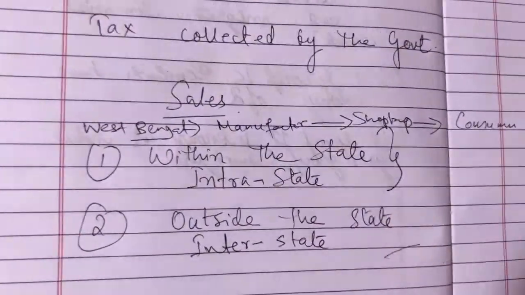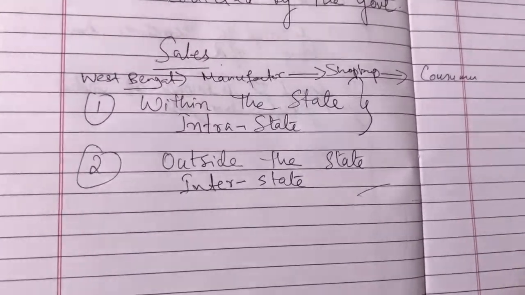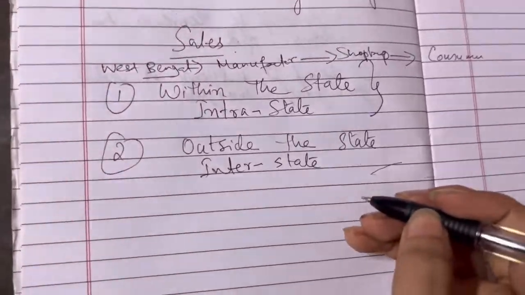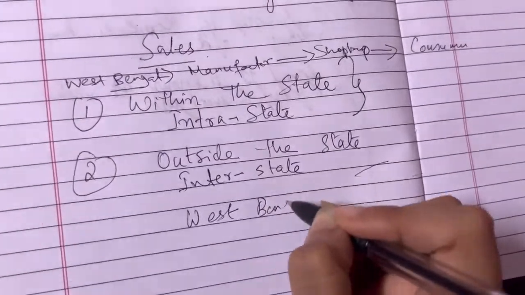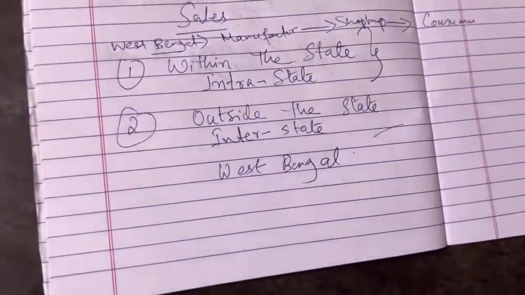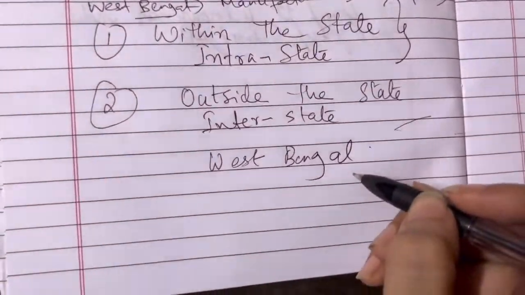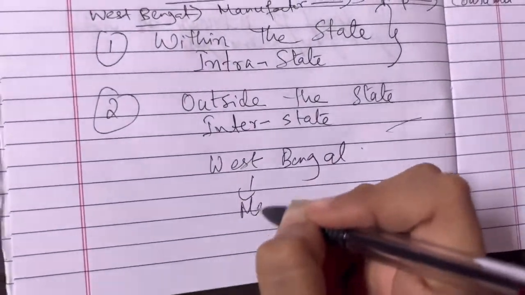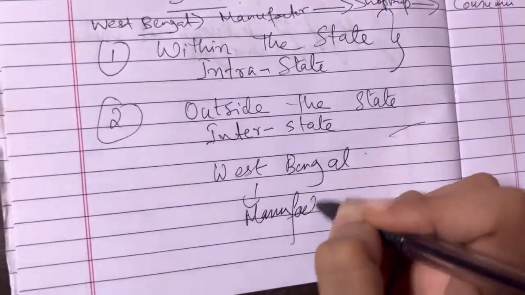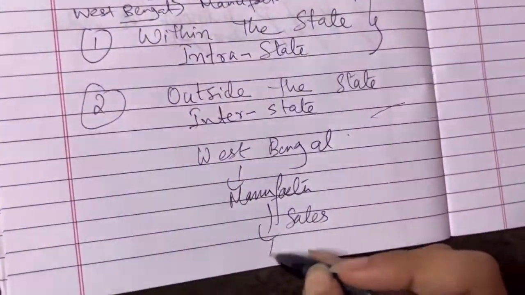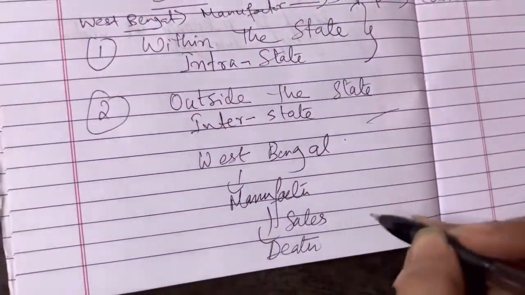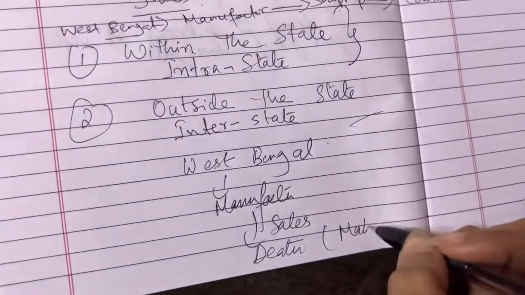So within the state, this kind of transaction is intrastate. And the next one is interstate. Interstate means, suppose the manufacturer is in West Bengal and he sells to a dealer, whoever it is, who is from Maharashtra.